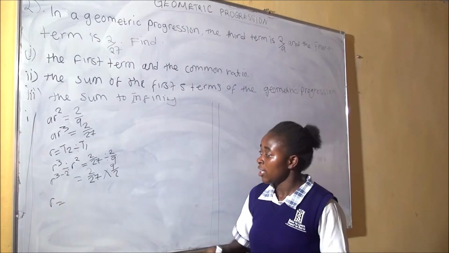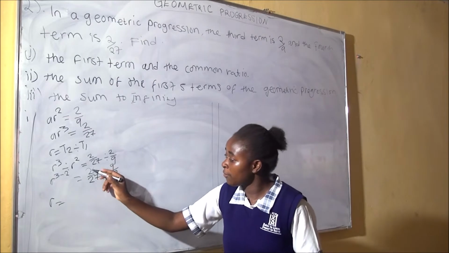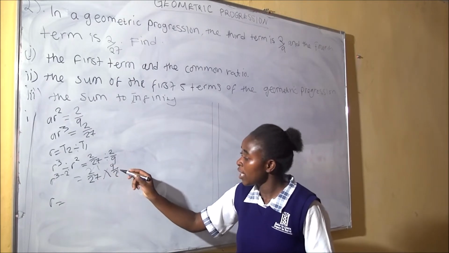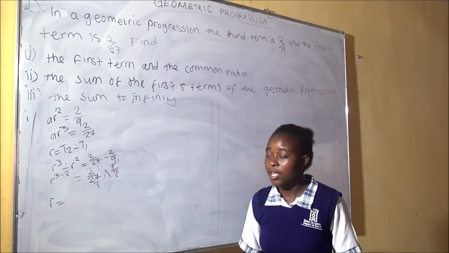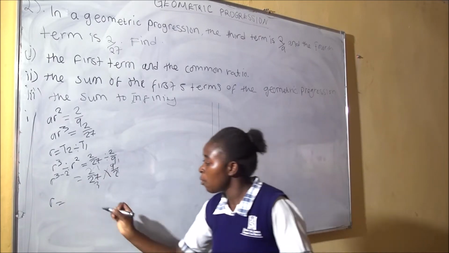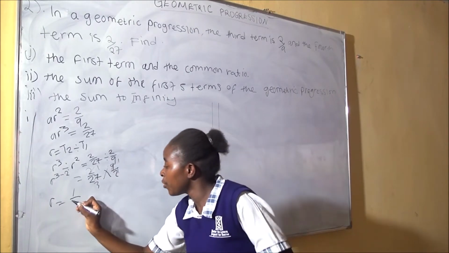Then we divide the numbers which can divide. 2 into 2 we have 1. Then 9 into 9 gives 1, and 9 into 27 gives 3. Then 1 times 1 is 1 over 3 times 1, which is 3.